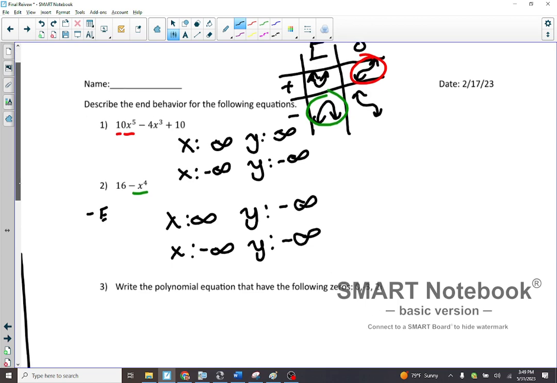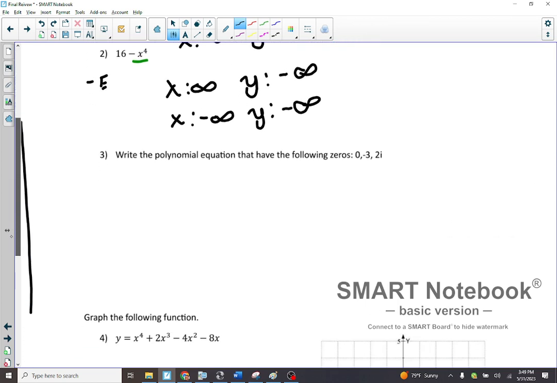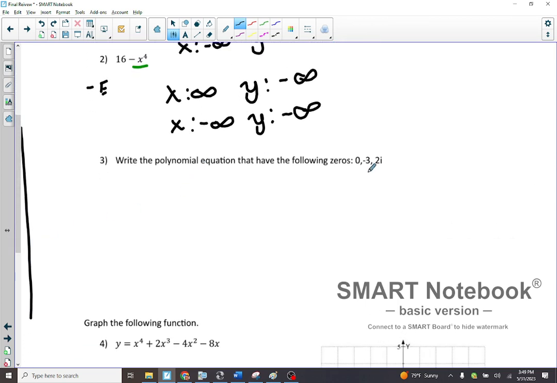All right. Next one. Write a polynomial equation that has the following zeros: 0, negative 3, 2i. Another way to think of it is write a polynomial equation that has these answers. Which means at the last step before you FOIL, it must have looked like x, x plus 3, and x minus 2i.